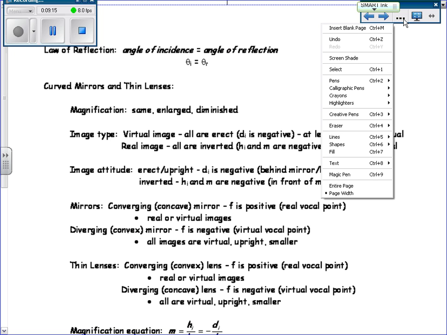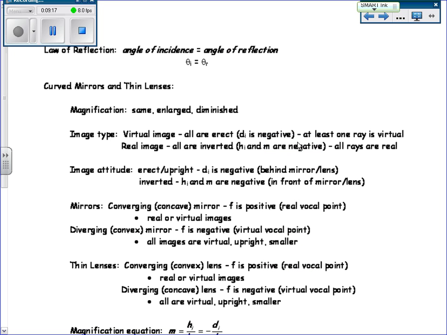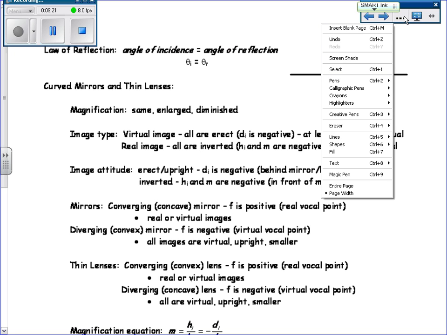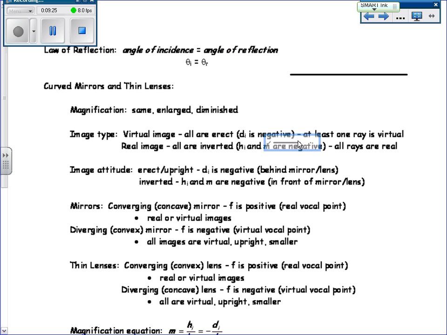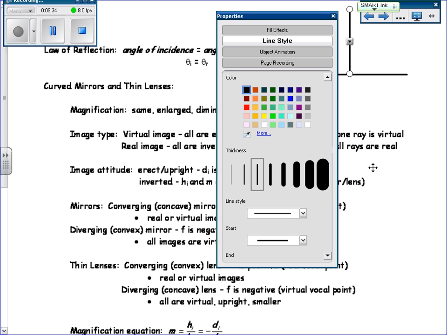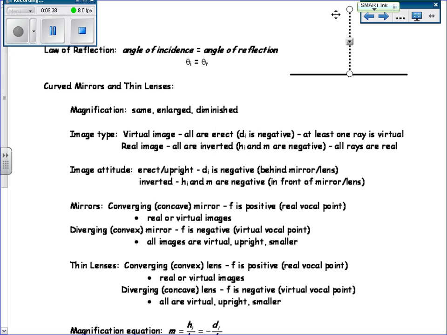And having a flat mirror, we want to remember that you have to draw on a normal line. So this is the normal line, and that's 90 degrees.